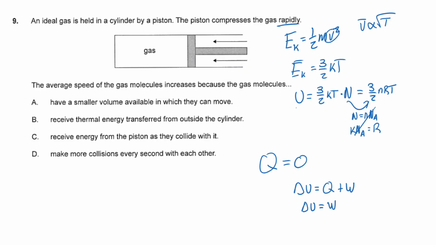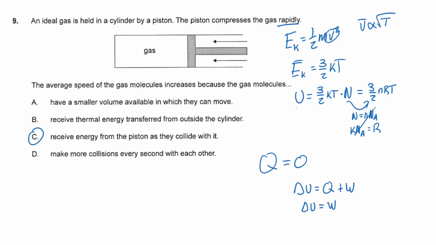So basically, in summary, the piston does mechanical work on the gas. That work is going to become internal energy, which is going to raise the temperature. And since temperature is directly linked to the average kinetic energy, through this equation here, well, then the molecules are going to move faster. So the answer that is correct is going to be C.